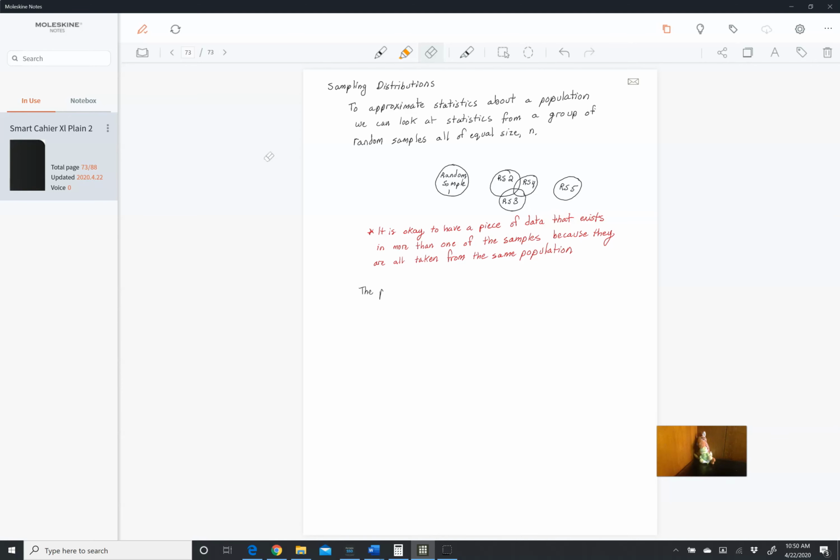So the probability distribution for a sample statistic, and we're going to concentrate on mean, this is what the sampling distribution is.